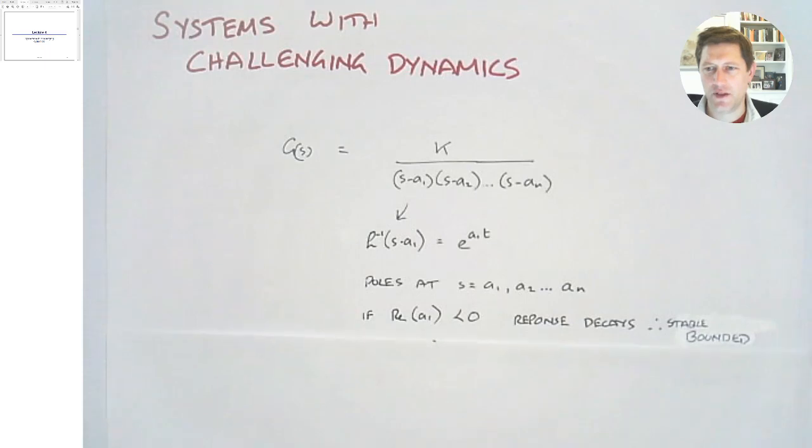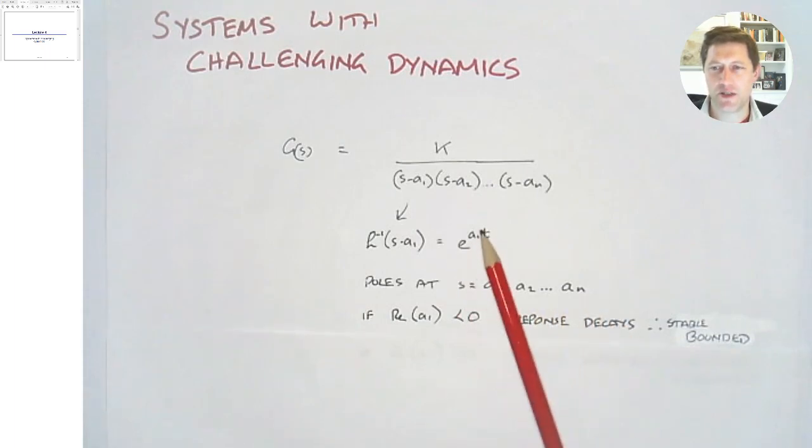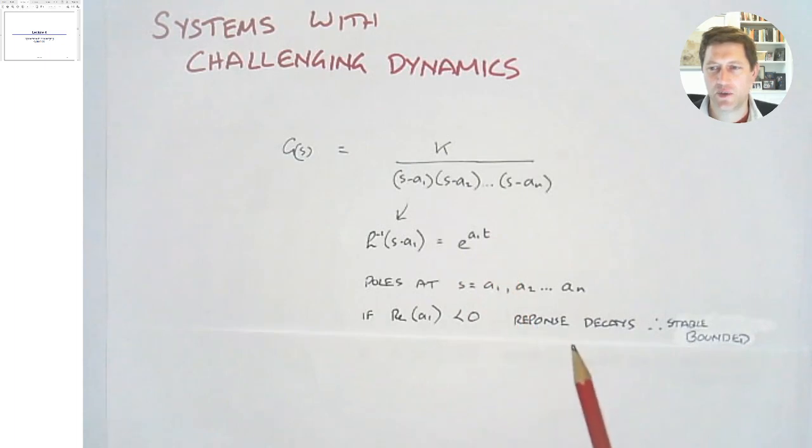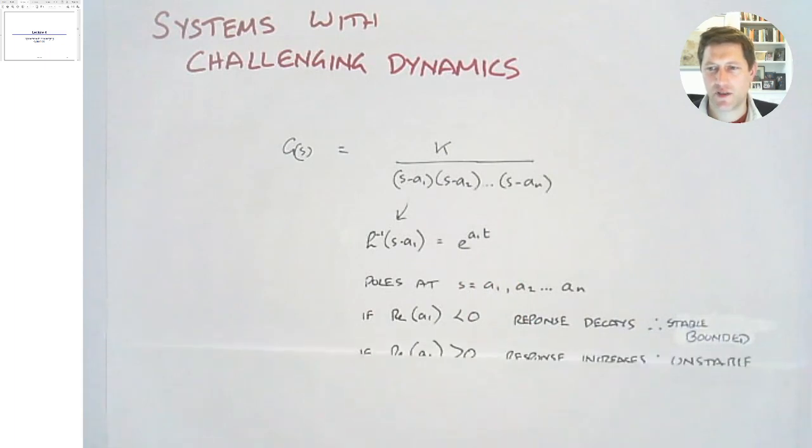So if the real part of a1 is less than 0, then we're going to get a decay in our response, because this is going to be e to the minus something t, and that will decay to 0. So we'd say that's a stable response, it's a bounded response, it stays within certain limits and decays to 0.